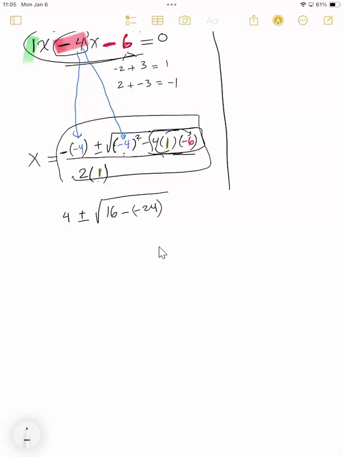And negative turns into an addition. And 2 times 1 is 2. Negative and negative turns that into an addition. 16 plus 24 is 40.